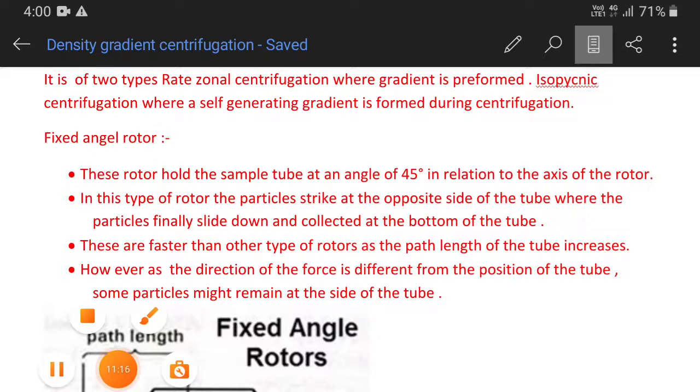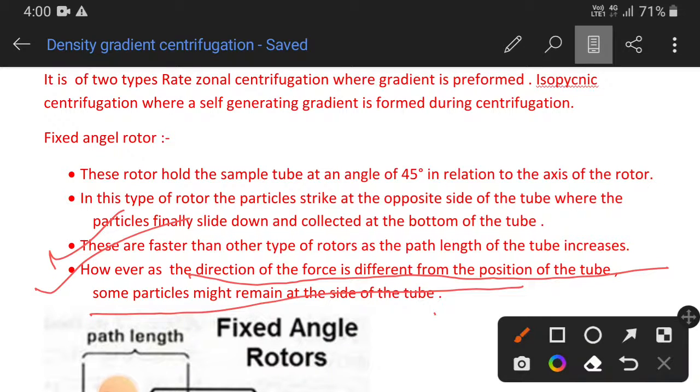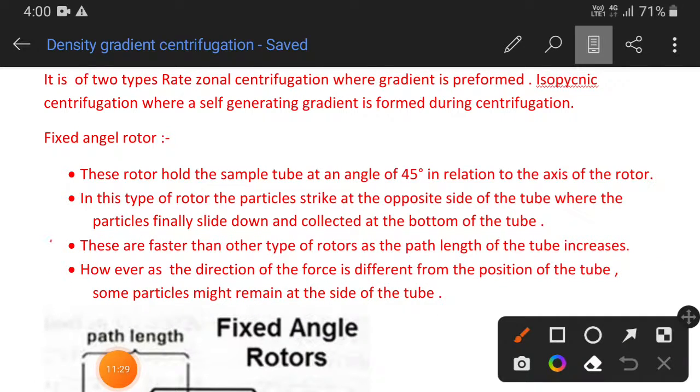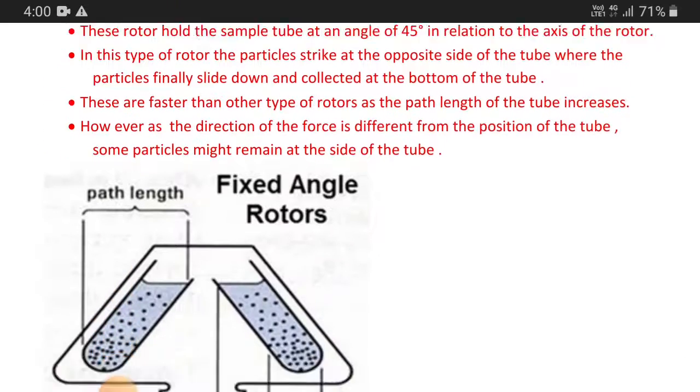The centrifugal force cannot help in that part, because the direction of the force is different from the position of the tube, so some particles might remain at the side of the tube. They are faster than other types of rotor as the path length of the tube increases. This is a very important advantage of the fixed angle rotor that you need to keep in mind.